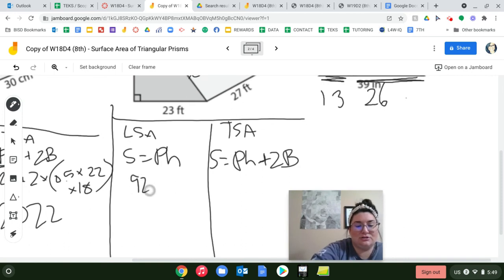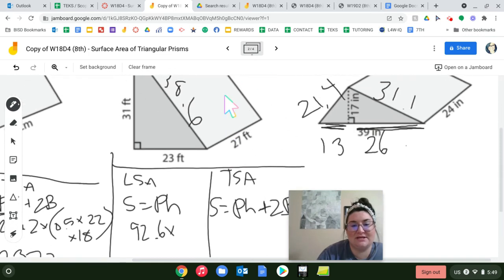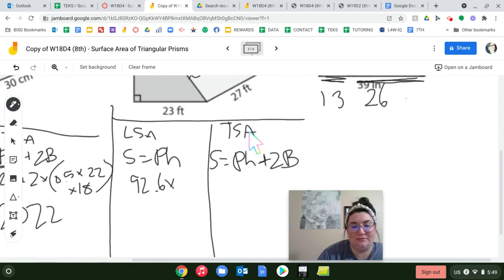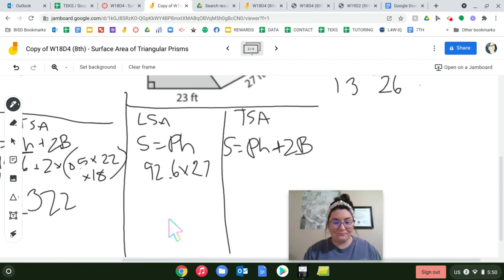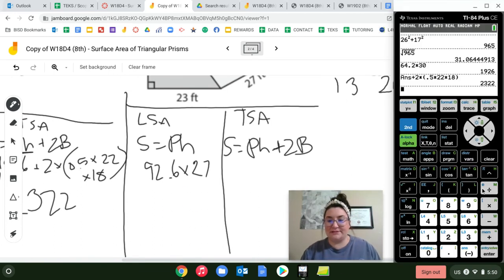So 92.6 times the height of the prism is 27. Remember, the height is going to be that number that has nothing to do with the base. Okay, our base is the base. The height is the distance between the bases.